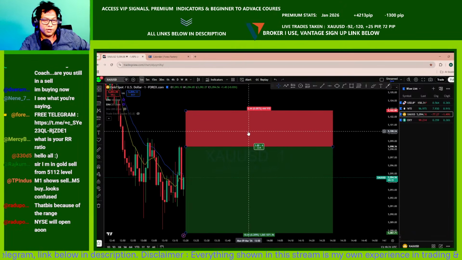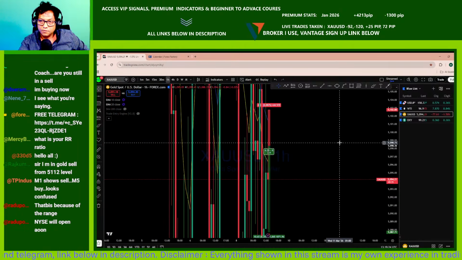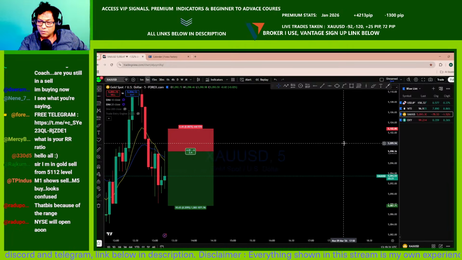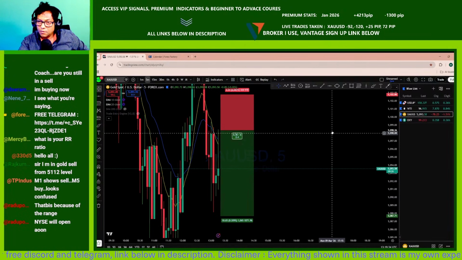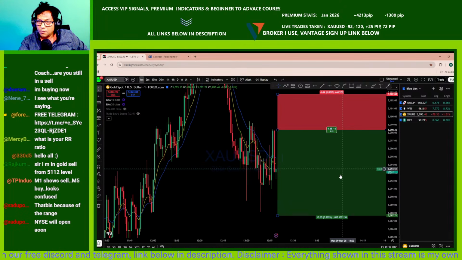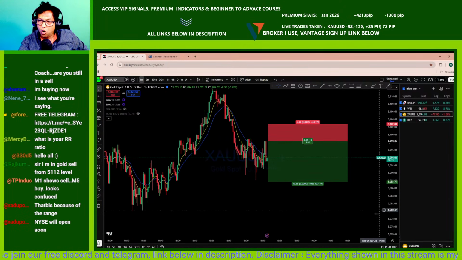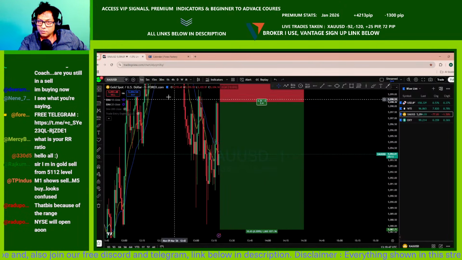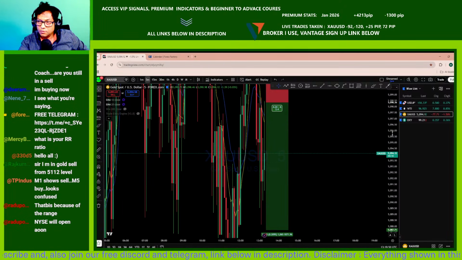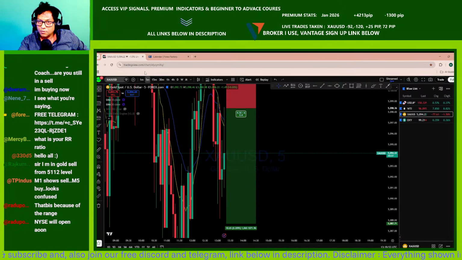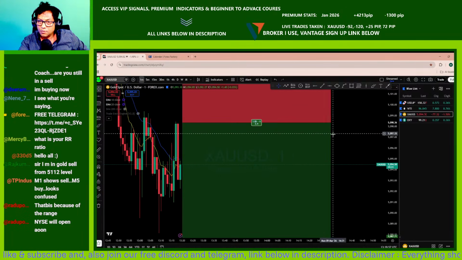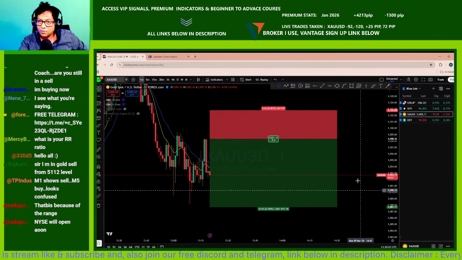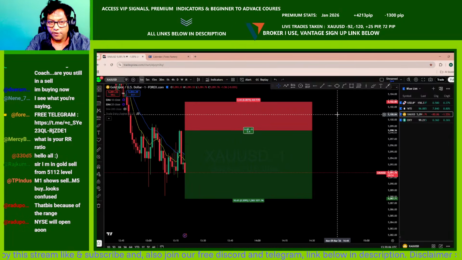It's coming back below here in that area. We see the multiple rejections from the top can take the market back below to the support. All right, so got that ready for this break below.